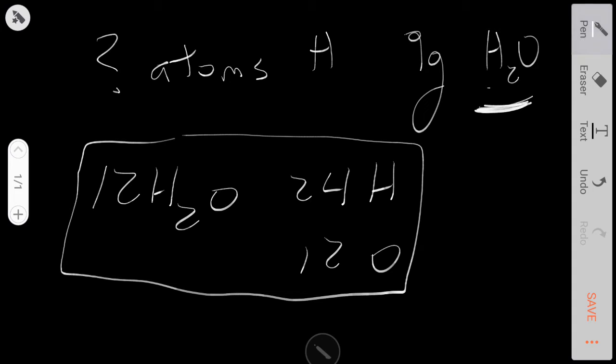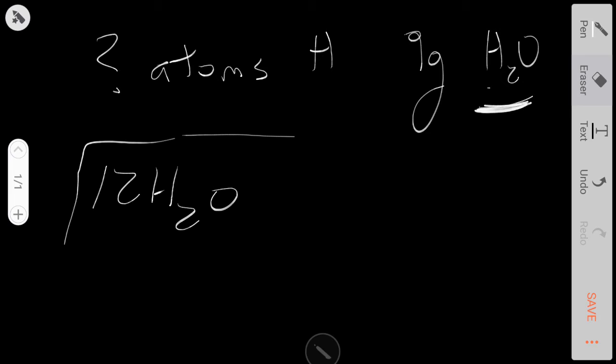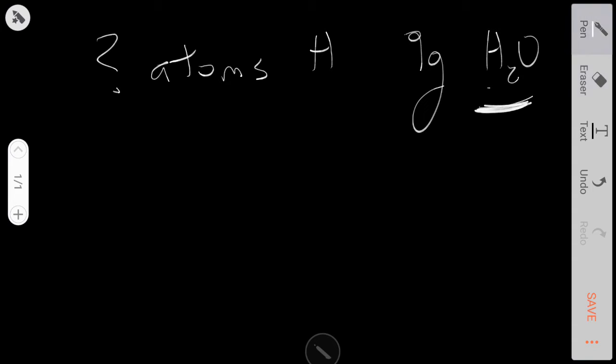Because I don't have a dozen, you're now dealing with moles, which is that 6.022 times 10 to the 23 that we're looking at. So let's start from the basics. I am going from grams to atoms. Cool. So if I have 9 grams of H2O, I have to calculate how many moles of H2O I have.